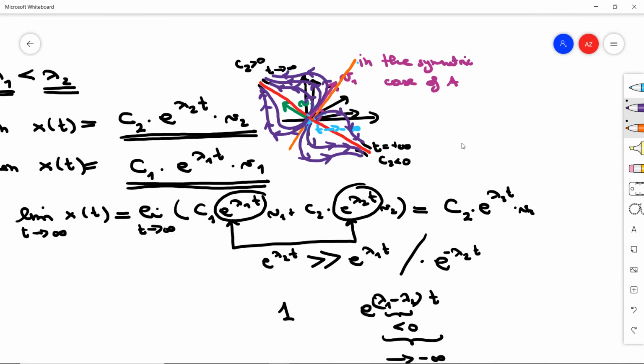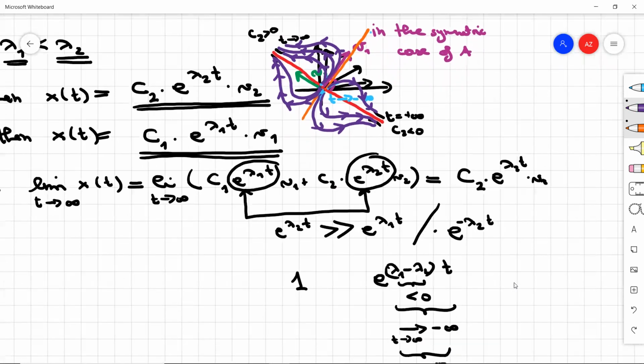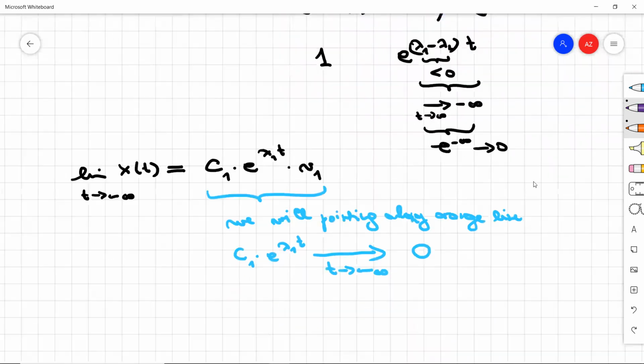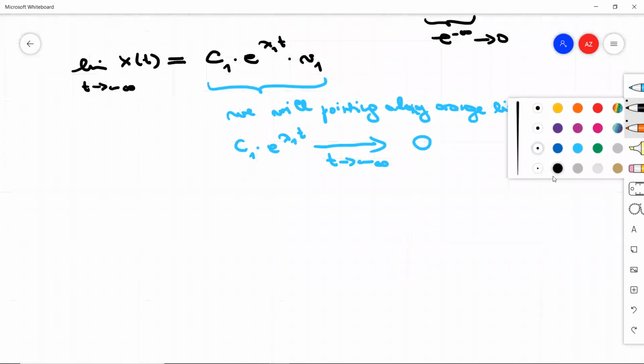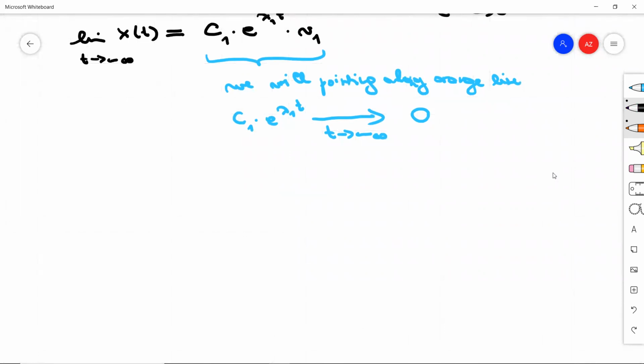So this is one possible phase portrait. And let's look at an example where the matrix A will have 2 real eigenvalues, both positive.